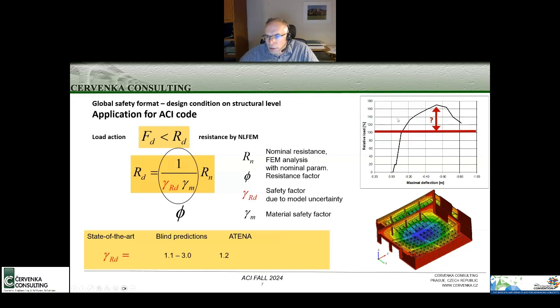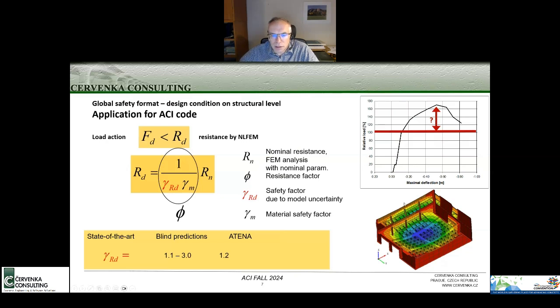So this graph also gives you the main difference from the standard approach, because with nonlinear analysis we are always loading the structure. The best way to assess the structure is to load it up to failure and then compare the obtained load with the design load, considering some safety factors.